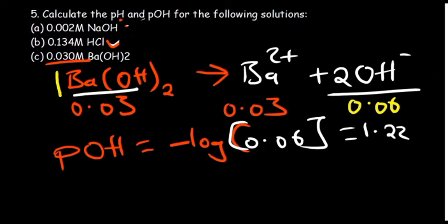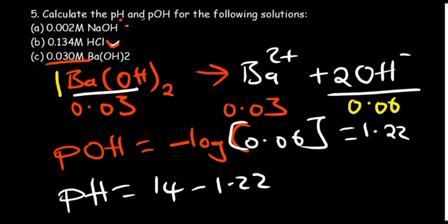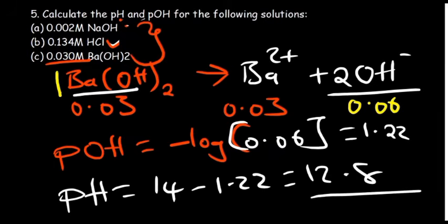To find our pH, it's 14 minus the pOH. So I'm finding 12.8. So we found the pH and the pOH of these solutions from this question.